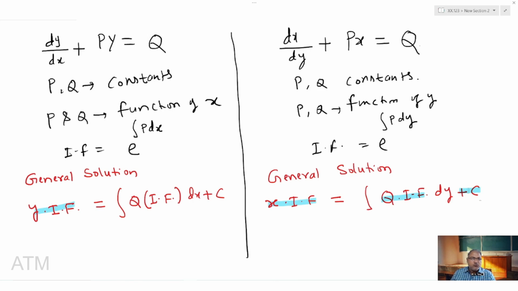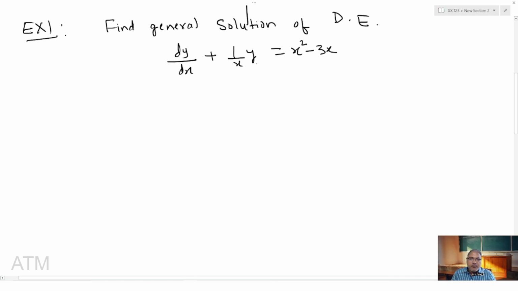Now I am going to solve some problems based upon this type of differential equations. Example 1: find the general solution of the differential equation dy by dx plus 1 upon x times y equals x square minus 3x. Solution. First of all we write the given equation as it is, dy by dx plus 1 upon x y equals x square minus 3x.